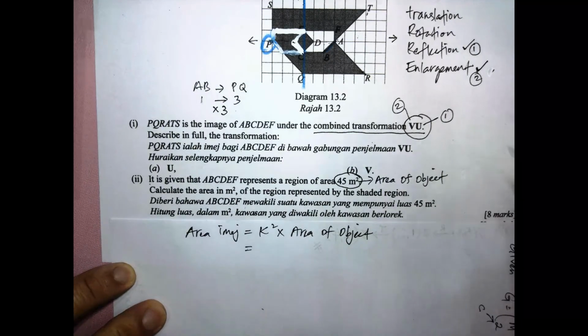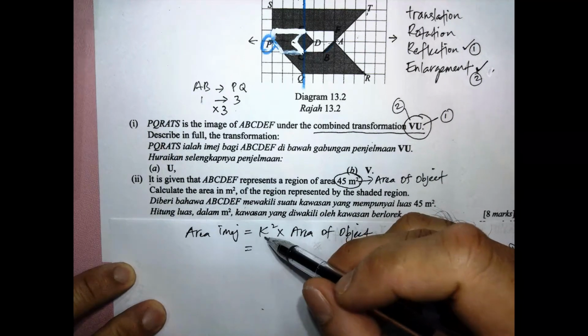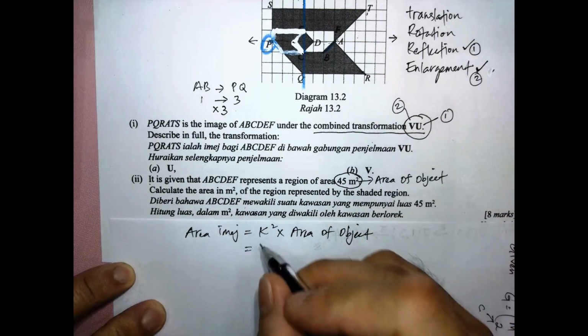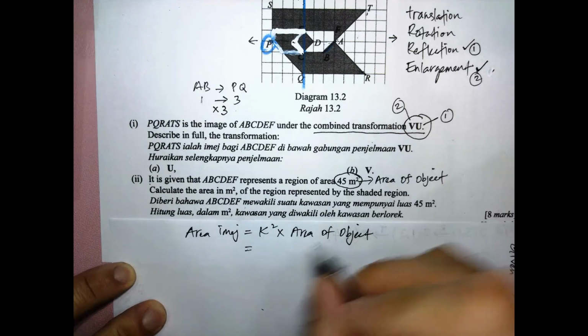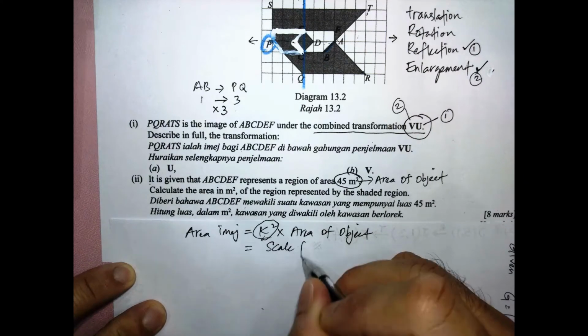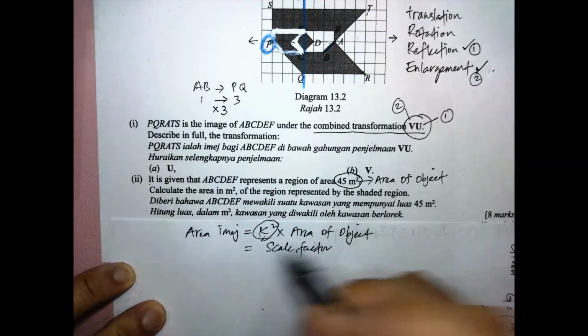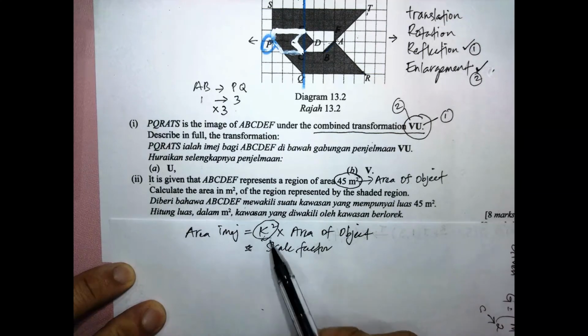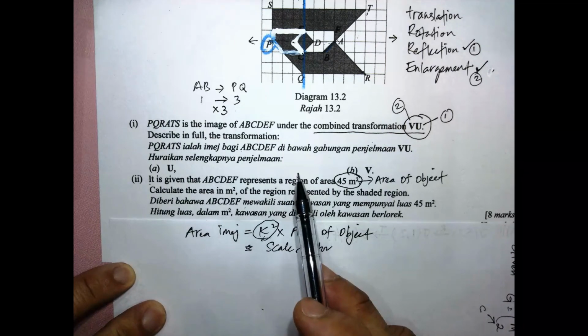So just now, K, what is K? K is the scale factor. Just now we know already, the scale factor for this question is 3.